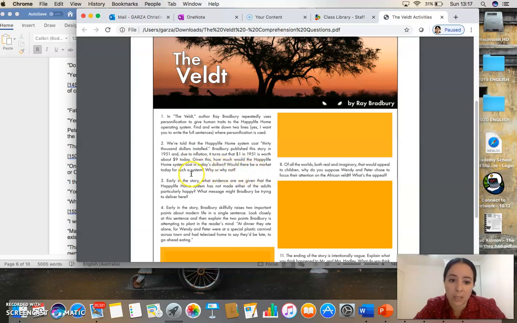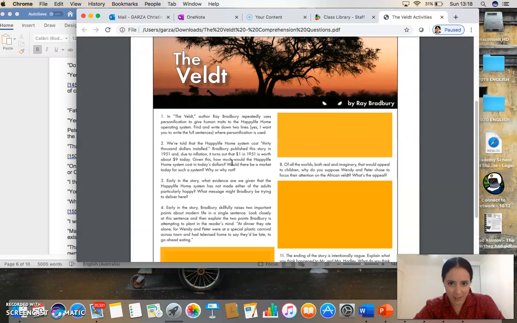Would there be a market today for such a system? Why or why not? So if my math is correct, I would say that it cost about $270,000. Now, that is quite cheap for Australia, so I would consider it being a little bit more.